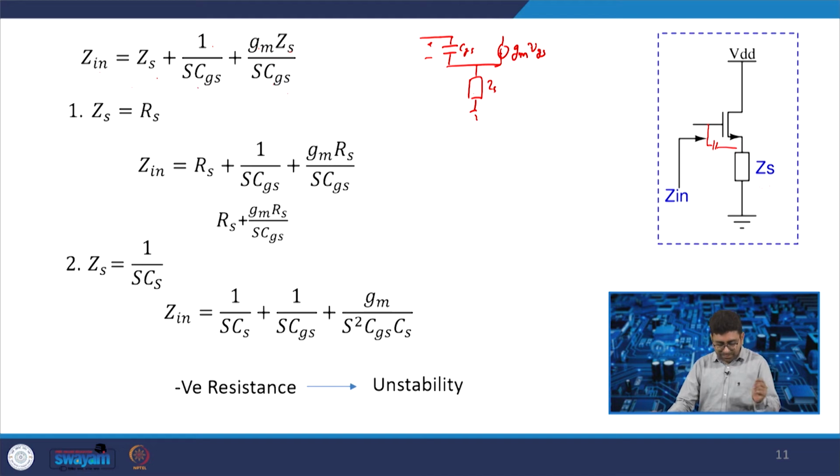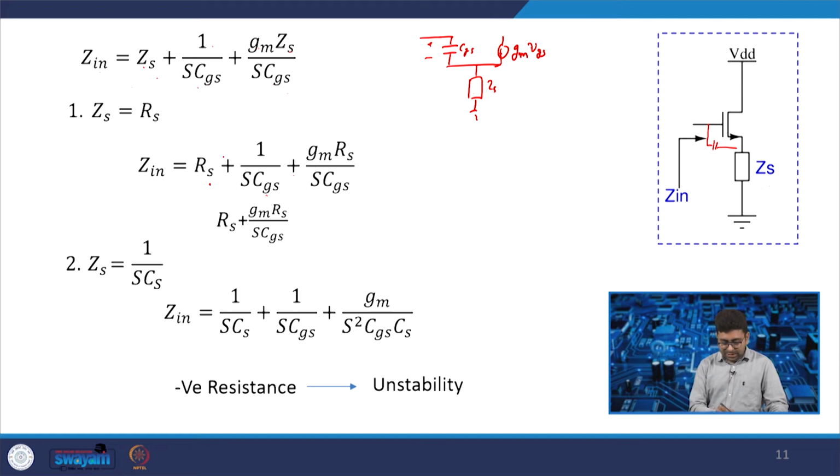Now, in this term, if we try ZS equal to RS, we will try to replace the ZS with different values. So, if we replace ZS equal to RS, we will get RS plus 1 by SCGS plus gm into RS by SCGS.